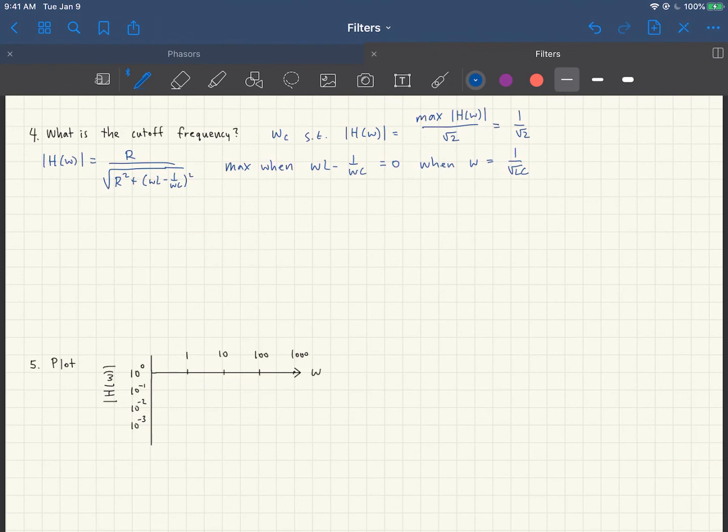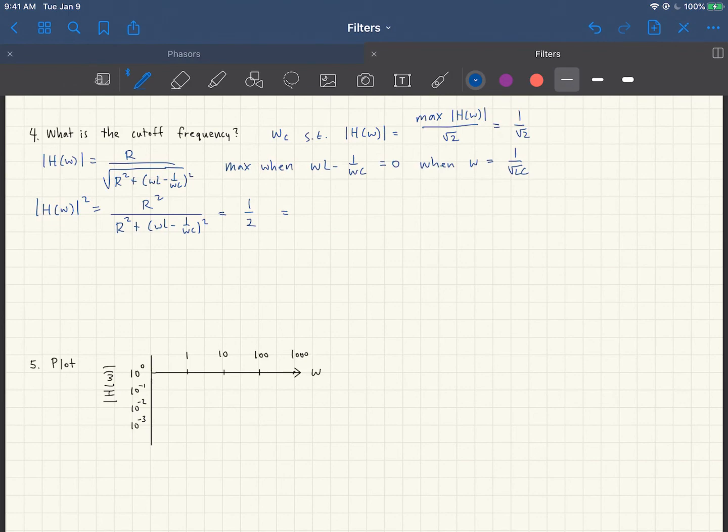And now we have a bunch of square roots, so to make our calculations easier, I'm just going to take a look at H of omega squared, which is then equal to R all over R squared plus (omega L minus 1 over omega C) squared is equal to 1/2 squared on the top.